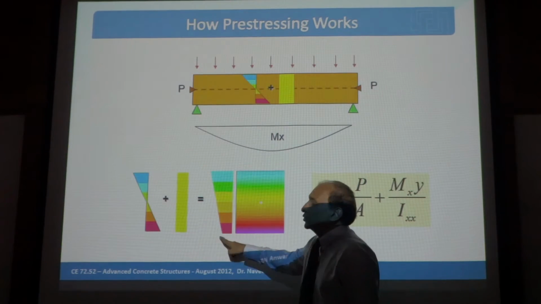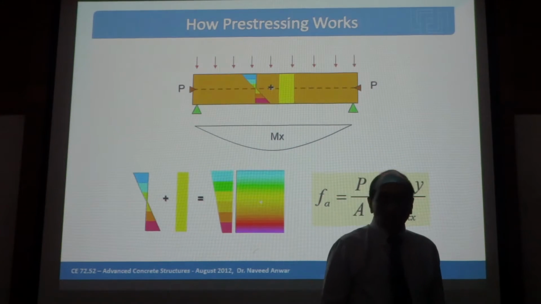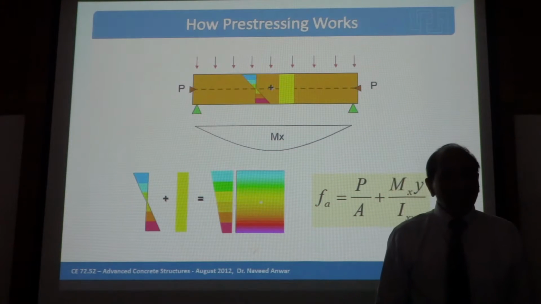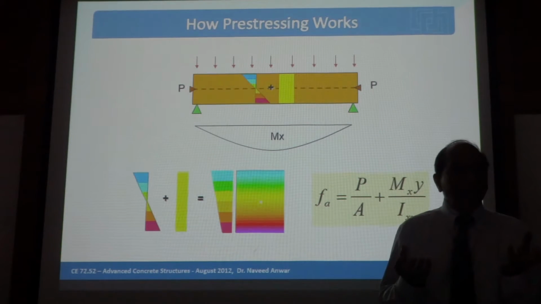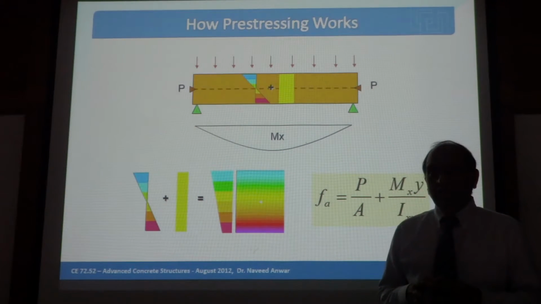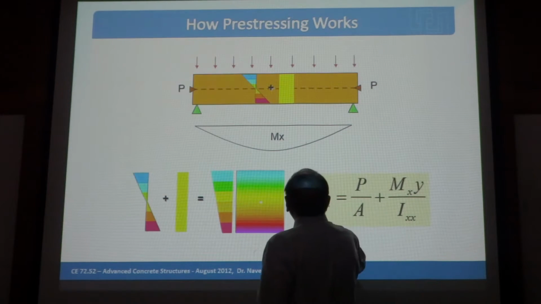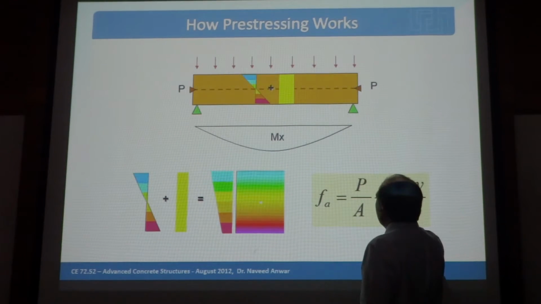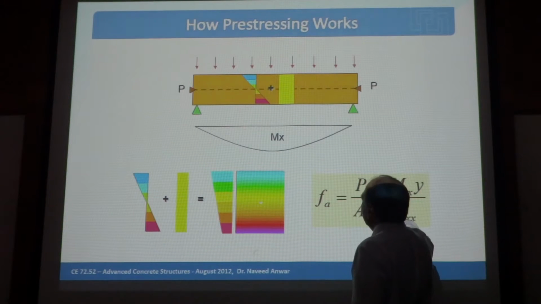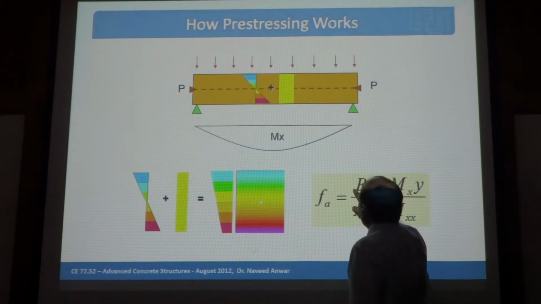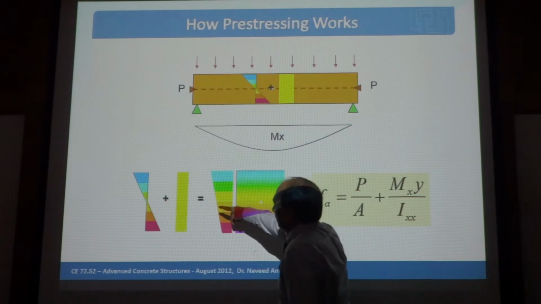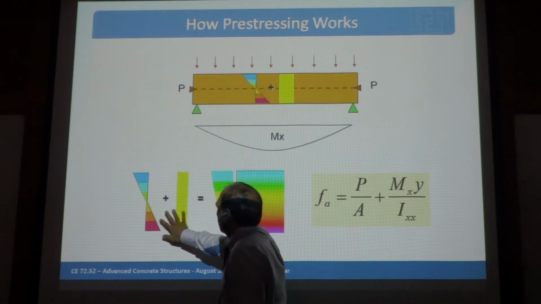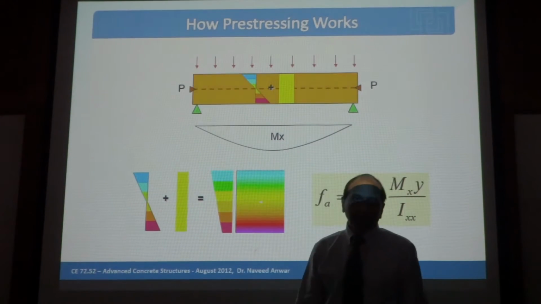That means you may actually have no tension, all compression or zero tension depending upon how much force, how much moment. This is just a theoretical, but basically the idea is that you use this to add this one, P over A plus Mx, so one more component comes in, and plus minus depending upon how the signs are converted, you could have a situation like that.